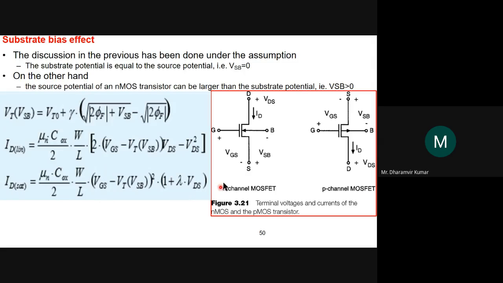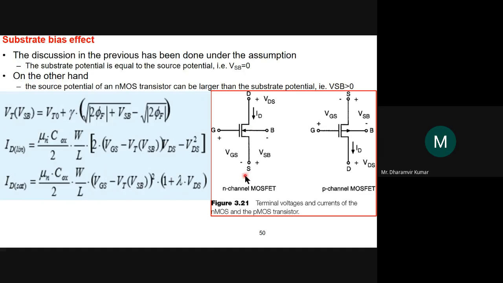Okay, so here the terminal voltages and currents of the NMOS and PMOS transistor. We have already seen the symbol, but still, let us see it with all the terminal voltages that are applied here. So for the case of N-channel MOSFET, NMOS, we know that the MOSFET is having four terminals.